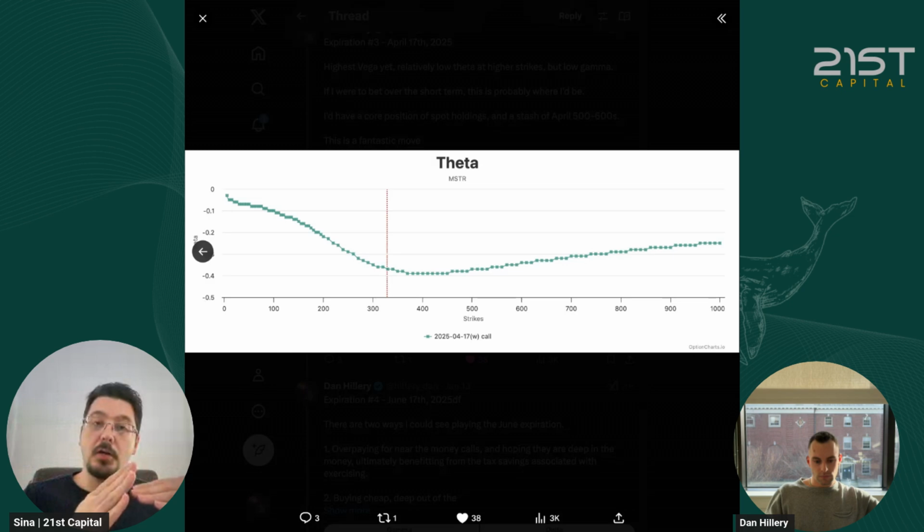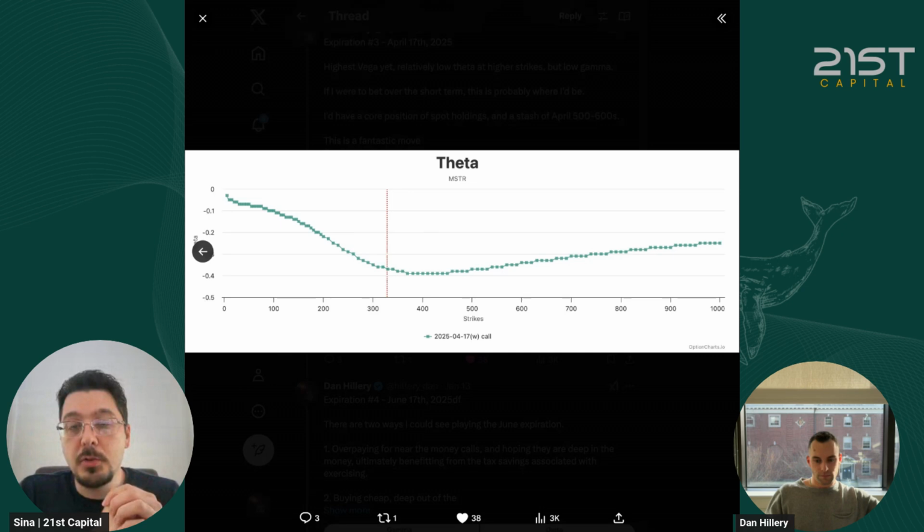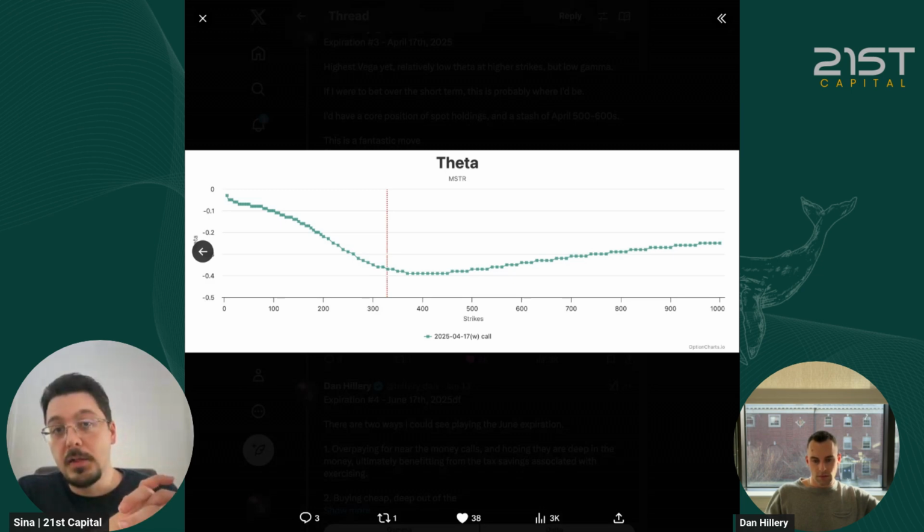The higher MicroStrategy goes, the sensitivity actually goes higher, so you get a double benefit as MicroStrategy goes up. Plus, when that happens, it becomes more volatile, so you get a benefit from volatility. So you have three factors that work for you on the upside.